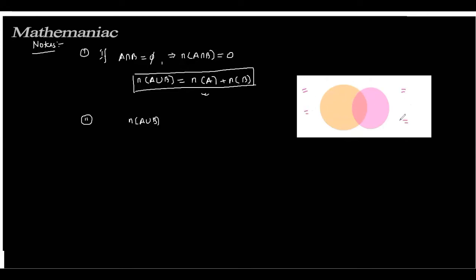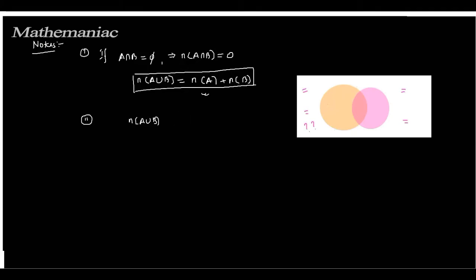Empty in the sense, I cannot say that there will be no elements. Meaning is that apart from A union B, you may have some elements left out here. The universal set, that means this bigger white rectangle, may contain some elements other than this union. So you can have more elements than A union B, right?